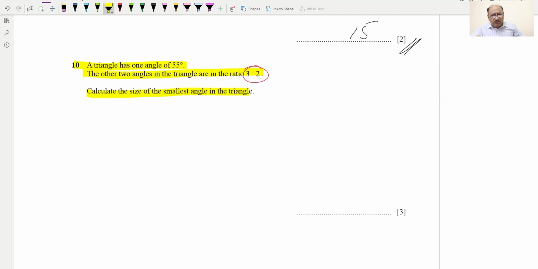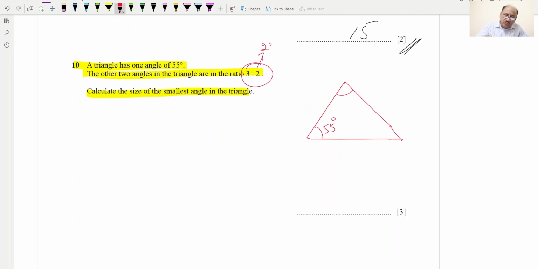So if we rough sketch a triangle, like for example this one, say this angle is 55 degrees, and the other one is, by this ratio, if one angle is 2x, the other one will be 3x.